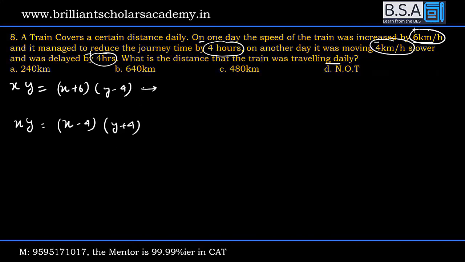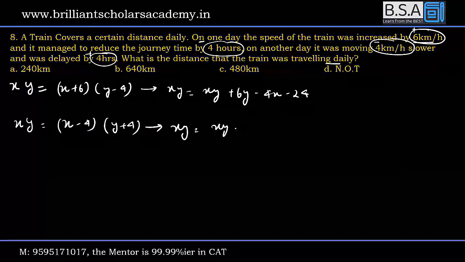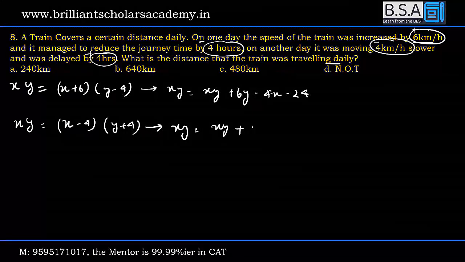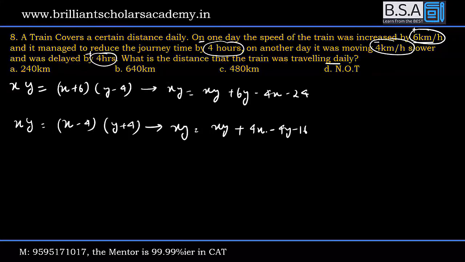I'm solving the first equation. See, xy is equal to xy plus 6y minus 4x minus 24, xy plus 4x minus 4y minus 16. Do you see xy cancelled in both?